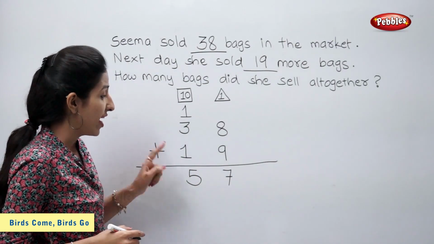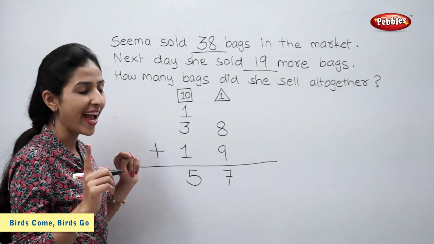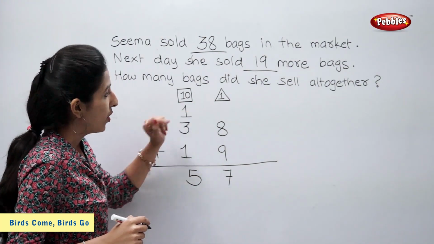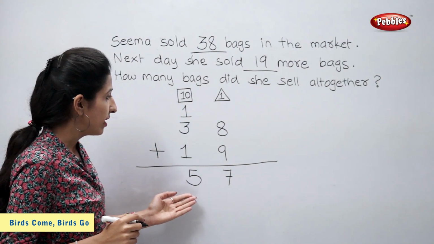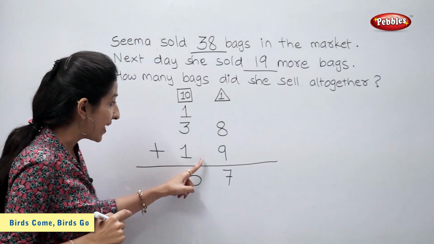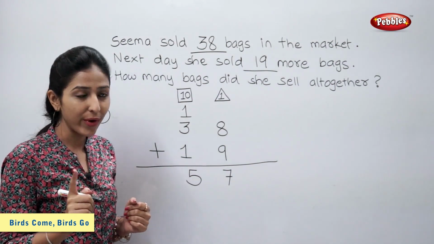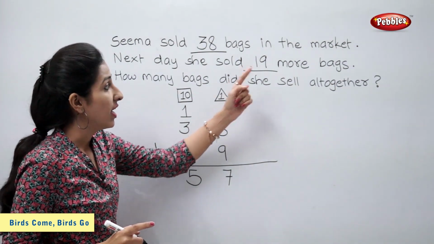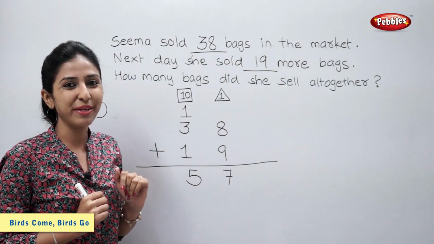So students, now we have 5 tens and 7 ones. So the number is 57. 38 plus 19 is equal to 57. So, Seema sold altogether 57 bags in the market.